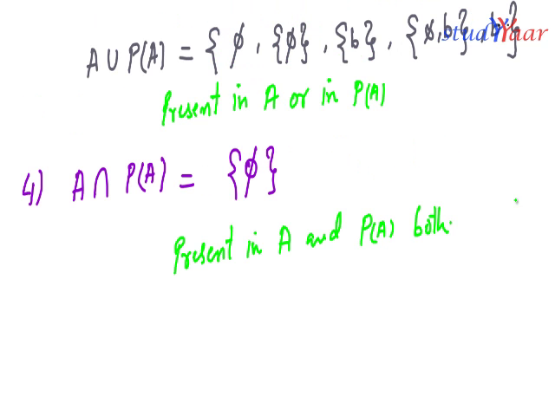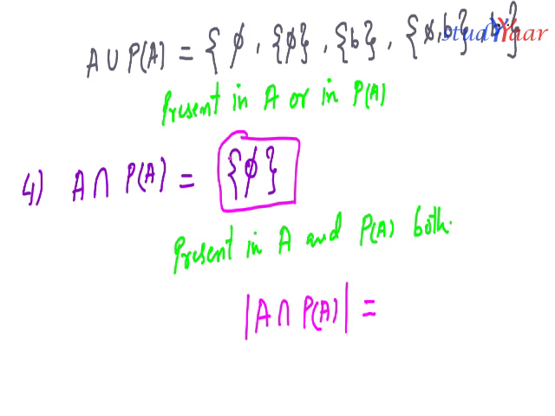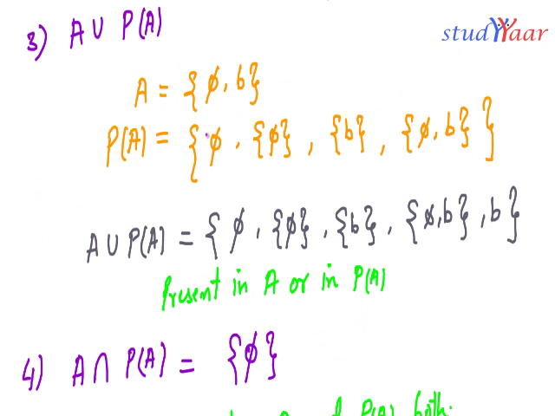While the cardinality over here, A intersection P of A, is not going to be 0 because it contains one element. The answer is a set containing a null element. As we had seen, the null element is common in both of them, okay?